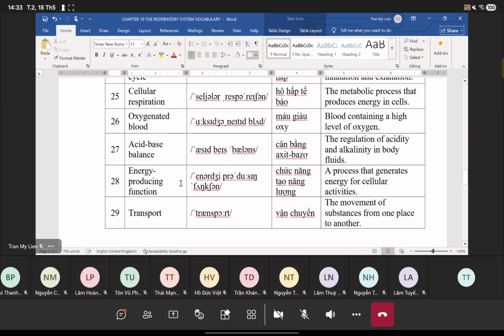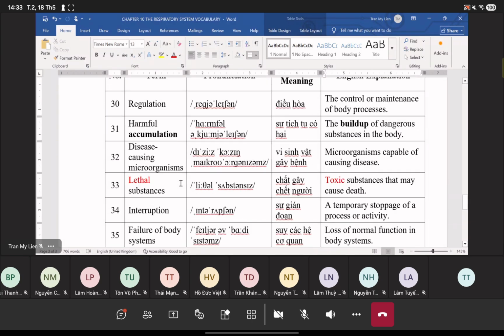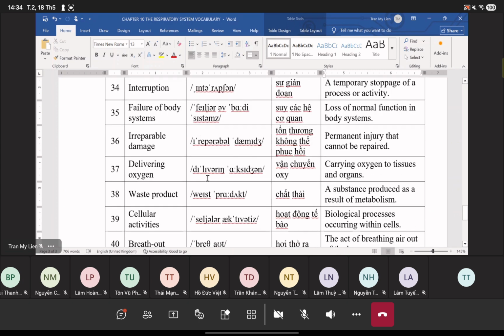29. Transport. 30. Regulation. 31. Harmful accumulation. 32. Disease-causing microorganisms. 33. Lethal substances. 34. Interruption. 35. Failure of body systems. 36. Irreparable damage. 37.